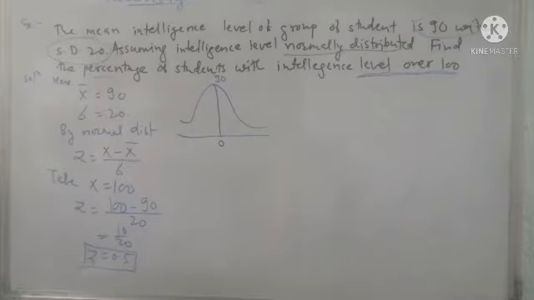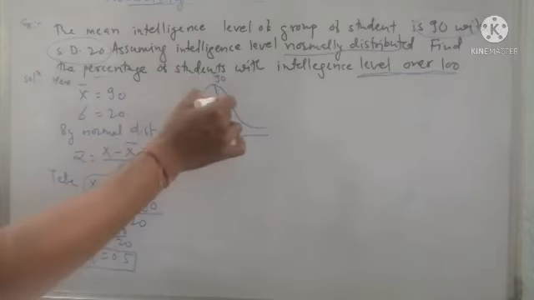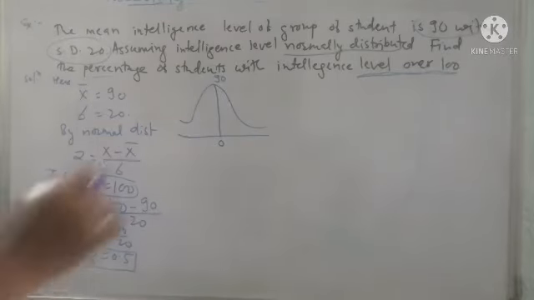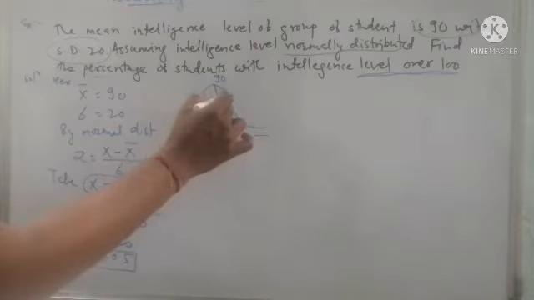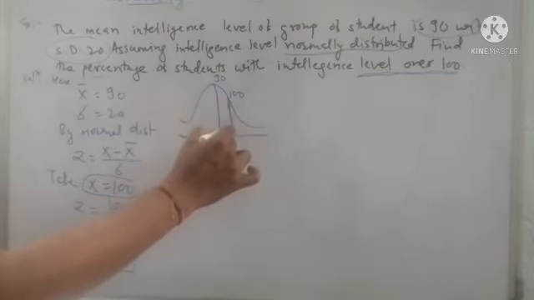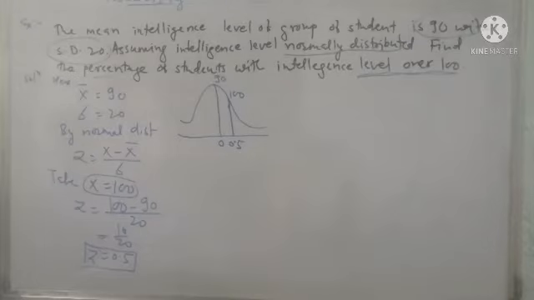Now as we take the variable as 100, which is more than 90, it appears on the right hand side. Take any point on this curve as x as 100, and corresponding to 100 we get the normal variable z as 0.5. By taking a perpendicular on the axis we represent 0.5.